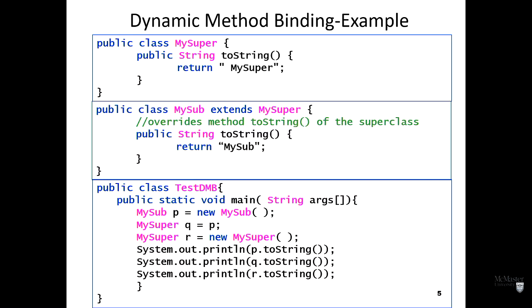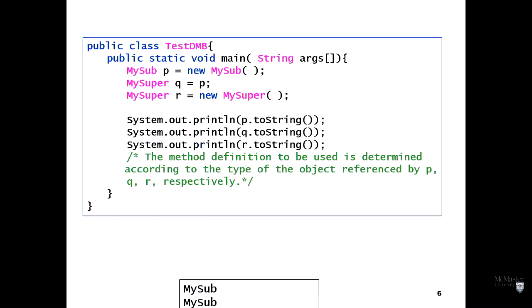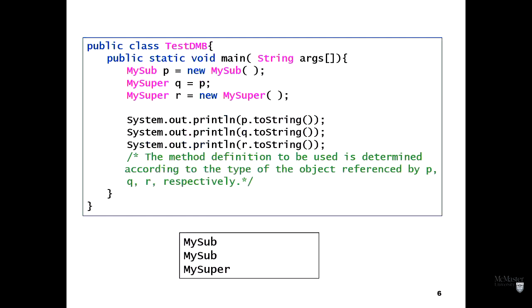What is the object type here? My sub. So which one should we call then? My sub, right? Do you now understand what I mean by this? So in this case, you will see my sub, and my super is for the super one, which is R.